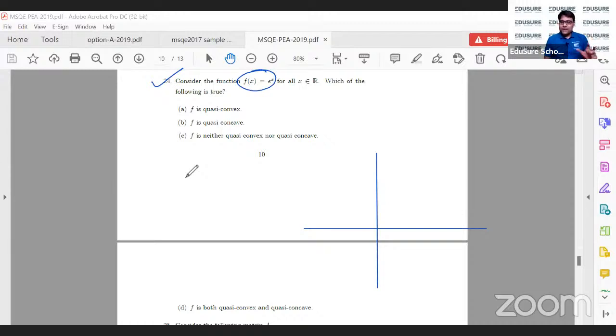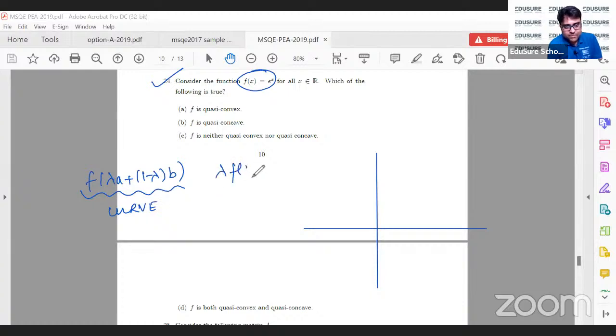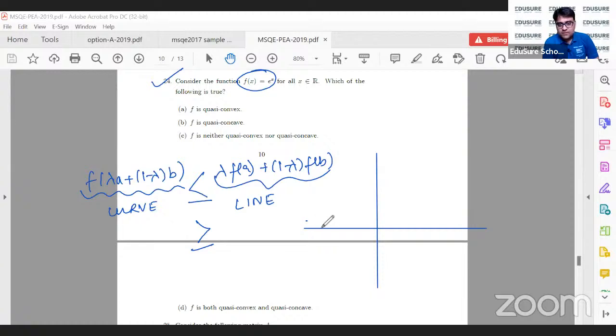Okay, I hope that you remember what is a line, what is the curve. f of lambda a plus 1 minus lambda b represents the curve, and lambda f(a) plus 1 minus lambda f(b) represents the line. If the line is above the curve, it is strictly convex, greater than equal to convex. Curve greater than equal to the line, concave. Okay? This is e to the power of x, always increasing.